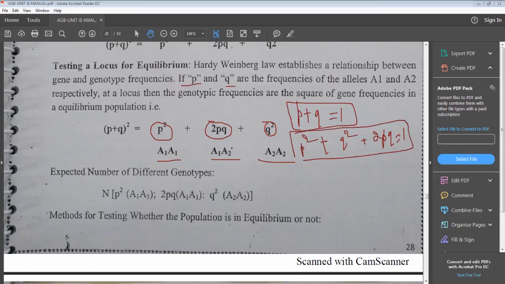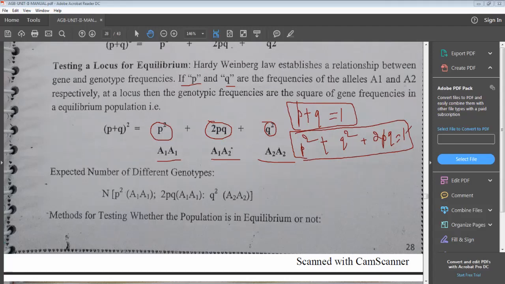If this is equal to 1, then that particular population is in Hardy-Weinberg equilibrium, or genetic equilibrium.